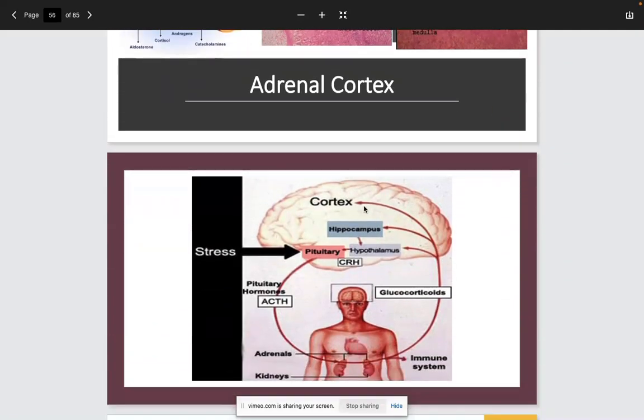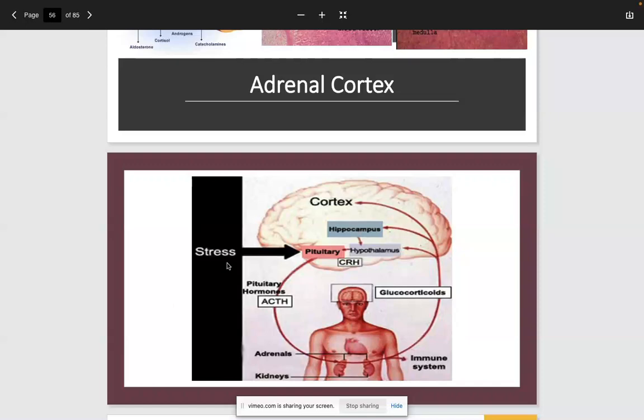So this is the hypothalamic pituitary response to stress. Remember, we have this neuroendocrine connection, the neural part being within this hypothalamus, right? The hypothalamus is going to release these releasing hormones. Anything that ends in RH, releasing hormone, is going to be the neural portion, coming from the hypothalamus.